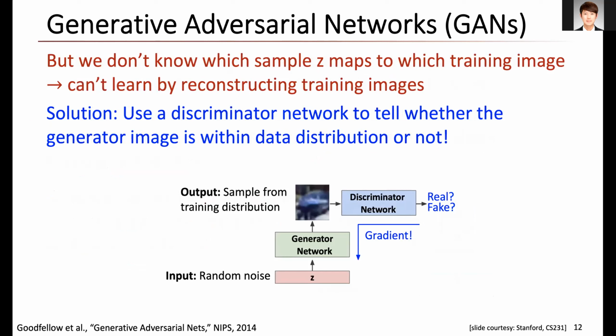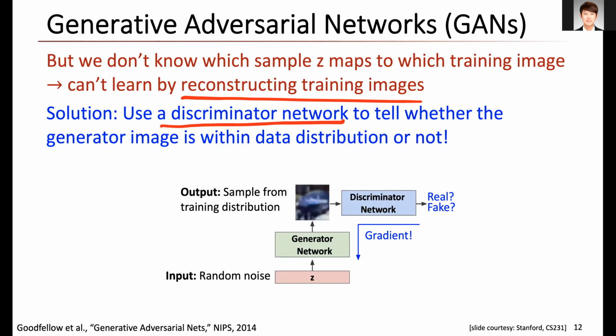But we don't know which noise sample maps to which training image, so we can't learn by reconstructing training images. We don't know the mapping between the noise and images. The solution is to use a discriminator network to tell whether the generated images are within the data distribution or not.